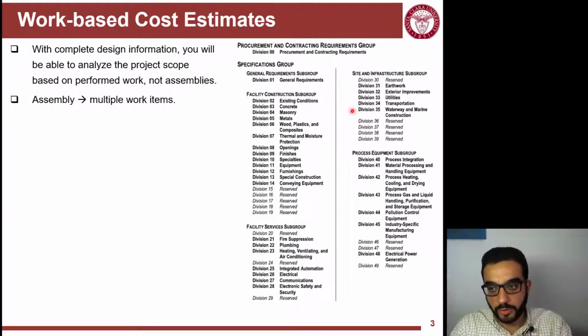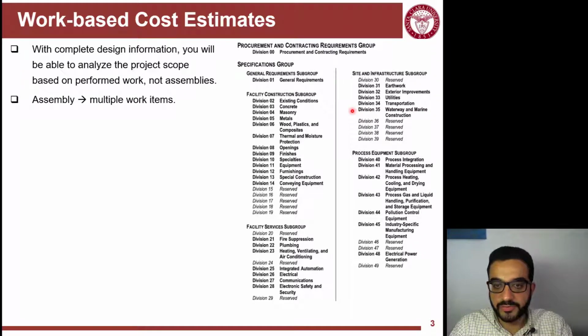And the more you go into detail of the design and detailing the drawings and specs, you will have more information that you actually capitalize on and make a more realistic cost estimate. So now we are beyond depending on assemblies, and you have detailed information from design that you can visualize and think about how the work will be done. So this is why we call it work-based estimating.